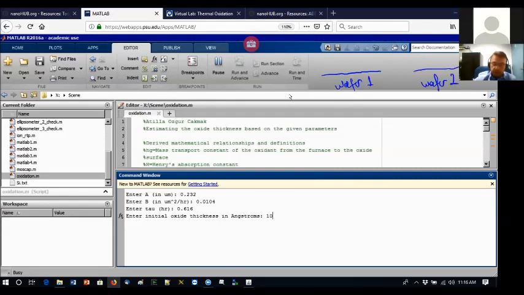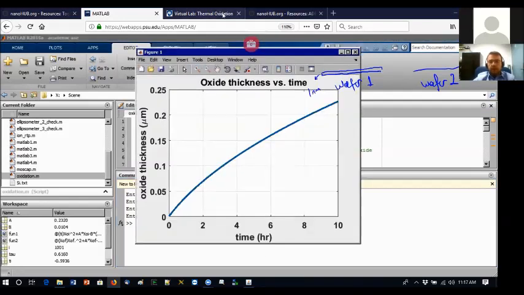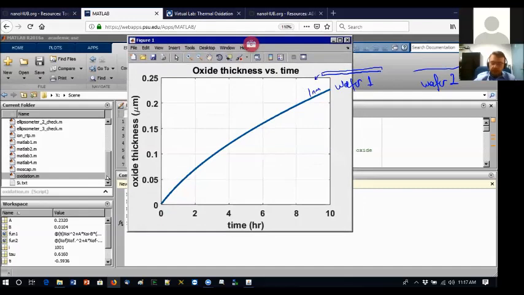On wafer 1, I have a native oxide that is only 1 nanometer. Let's type that in. I will keep them in the furnace for 4 hours, both of them.